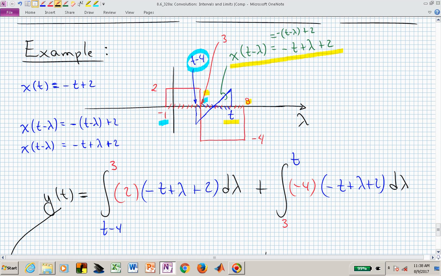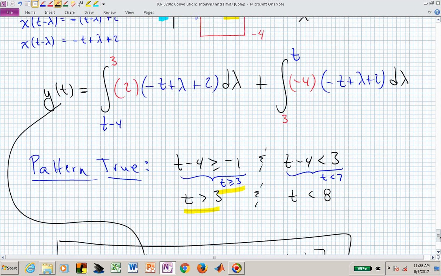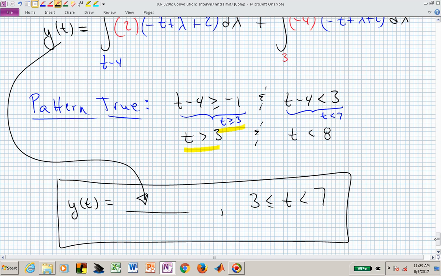We also needed to actually separate this y of t computation into two separate integrals because the functional form for, let's say, h of lambda was different during this overlap pattern. But I hope that this video now, talking about intervals and limits, helps you better understand or put together this convolution process.